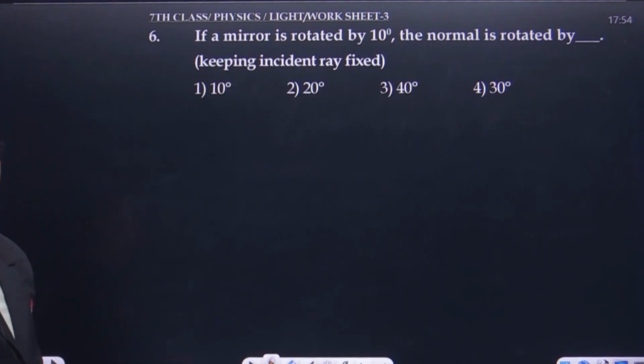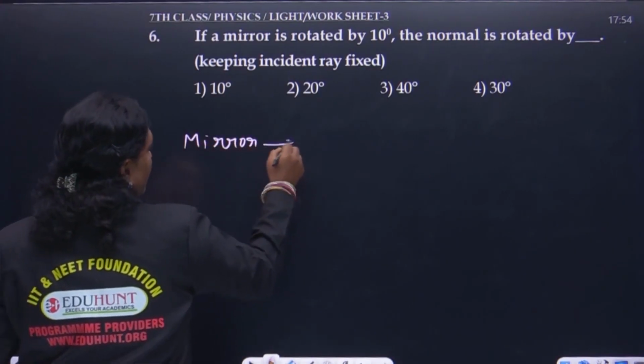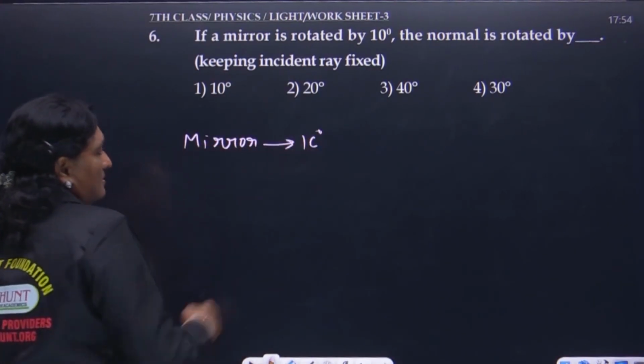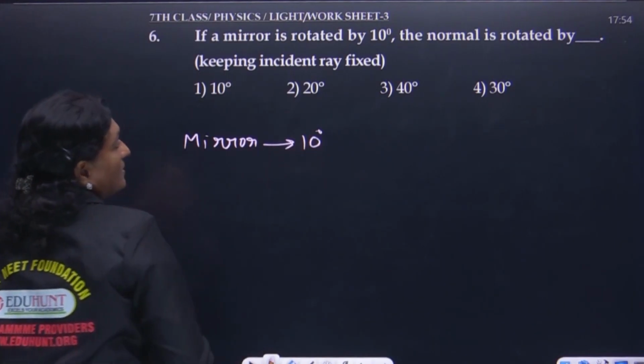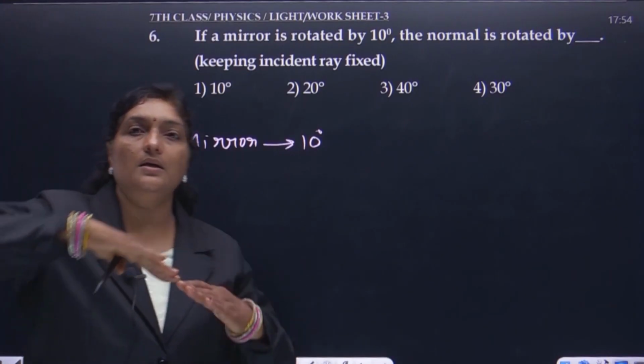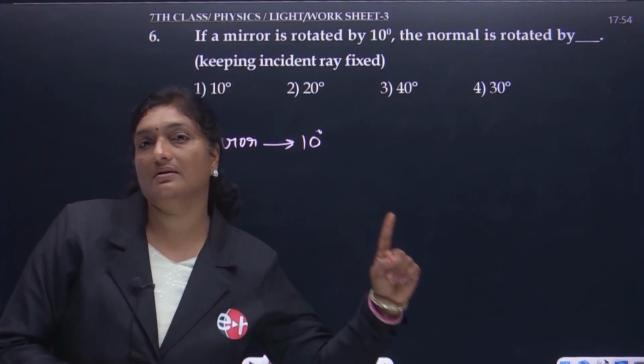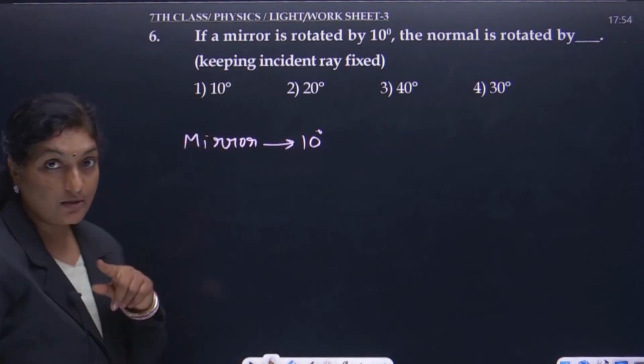If a mirror is rotated by 10 degrees, the mirror rotation is now given, no doubt. If the mirror is rotated by 10 degrees, the normal is rotated by, children, we know that whenever a mirror is rotated by theta, the normal also rotates by theta, whereas the reflected ray rotates by 2 theta.